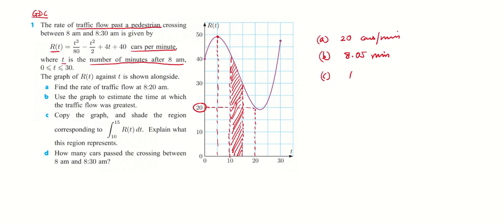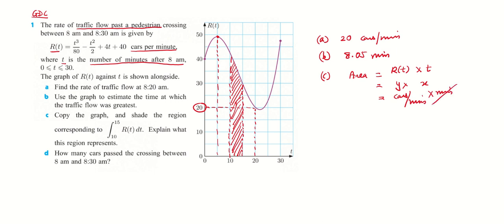Remember that when you're finding the area, when you're interpreting the area, you have to look at the quantity on the y-axis multiplied by the quantity on the x-axis. So you take the quantity on y, multiply by the quantity on x and see what you get. The rate is cars per minute and time is in minutes.